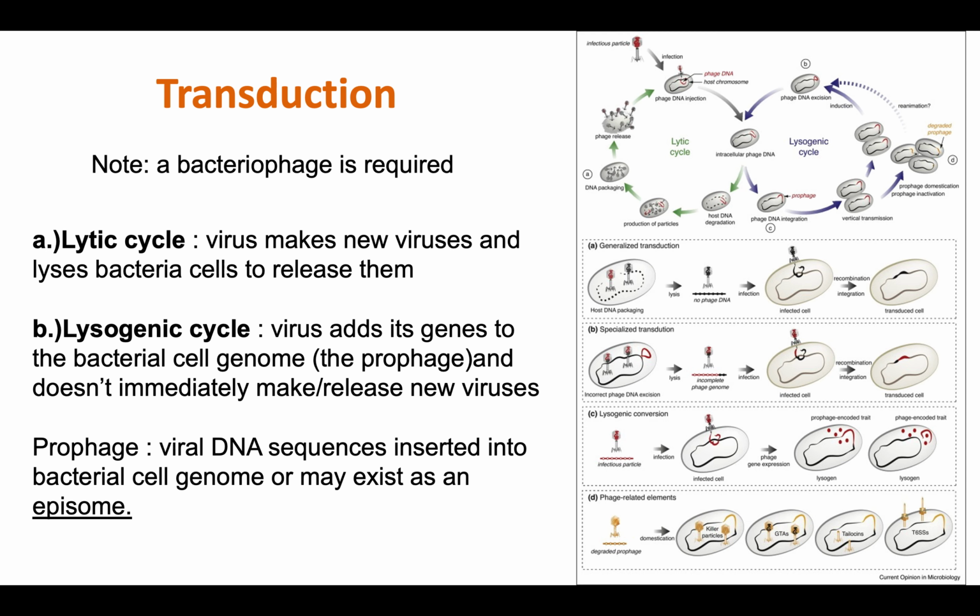The lysogenic cycle is another cycle in which transduction can occur. In the lysogenic cycle, the virus will inject its genes into the bacterial cell. The genes of the virus will become incorporated in the genome of the bacterial cell, and this is now known as a prophage.